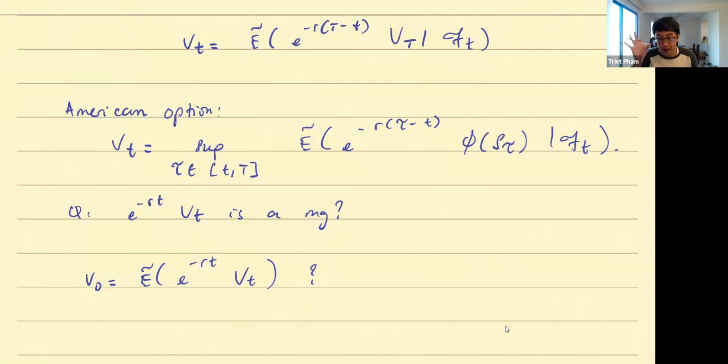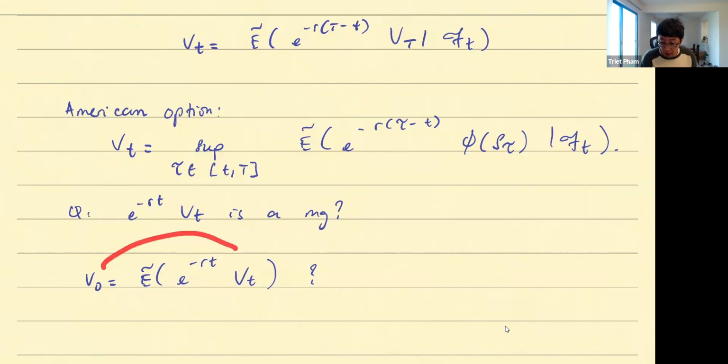The American option has that extra feature that makes it different for you to trade from here to here. Because what if the optimal exercise time is sometime in between 0 and little t?